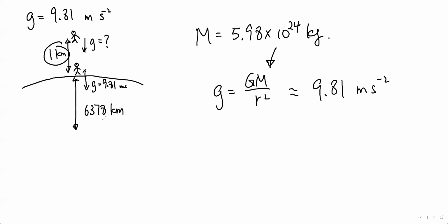So that's why when you're on the Earth's surface, you always consider g to be constant, unless you go outside the atmosphere, then the g may change a bit.